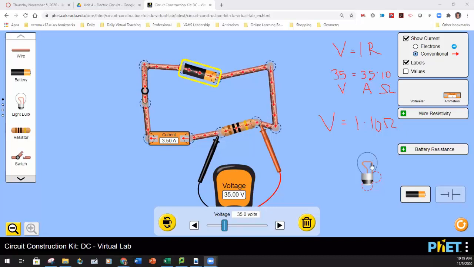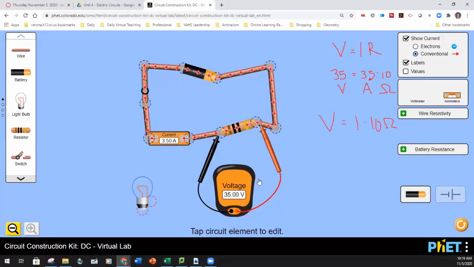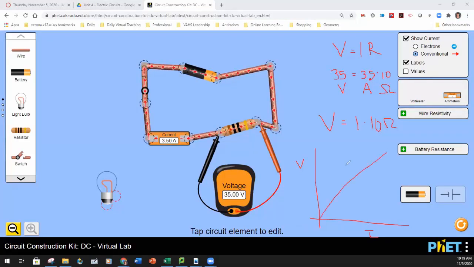So one more idea, and then let's see what questions you all have. So I could make a graph of voltage versus current. And if I did that, then the slope would be this 10 ohms.